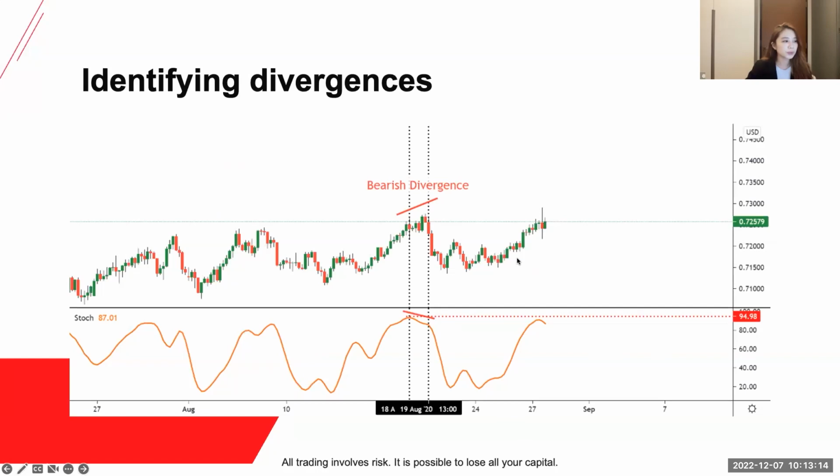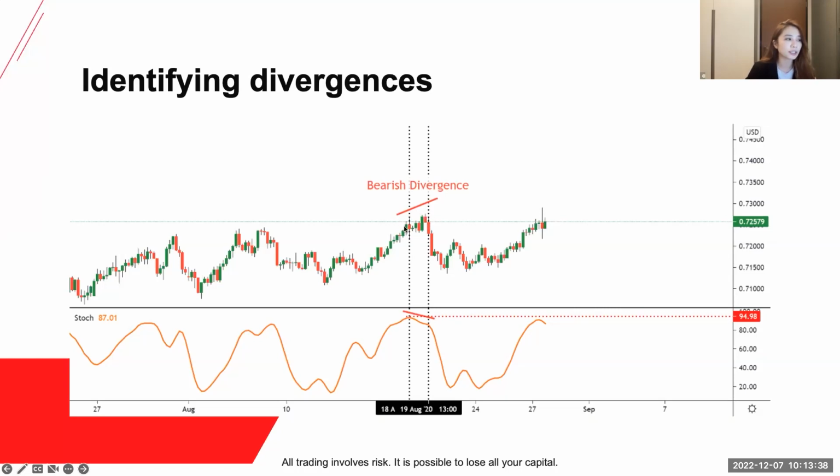So we can also see in this case how stochastic can identify divergence, right? In the first few slides, we did mention that stochastic is actually looking at pricing momentum, right? So you can see that in this case, it did reach the peak beforehand. However, there was a slight increase in the price point.